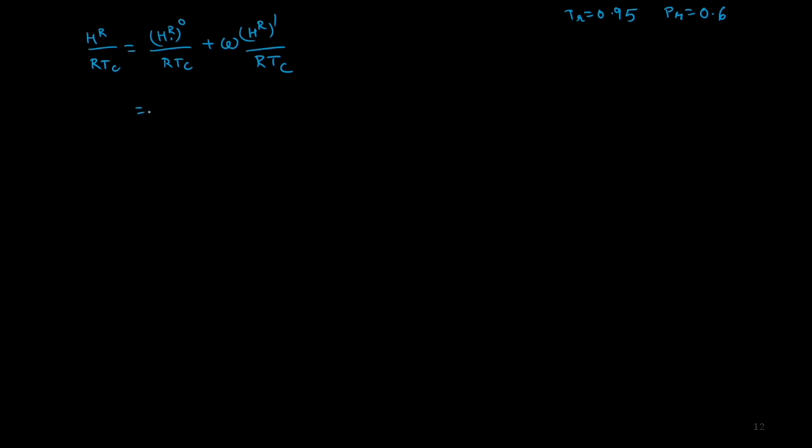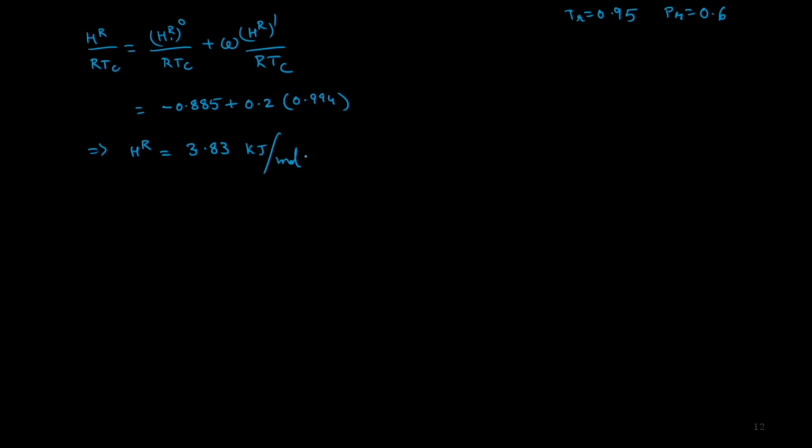And what I have is negative 0.885 for HR naught. Omega, if you remember, is 0.2 for n-butane, and HR1 is 0.994, right? And what this gives me is a value of HR if I multiply it with RTc, and that value turns out to be 3.83 kilojoules per mole.